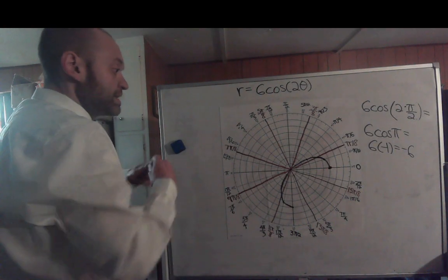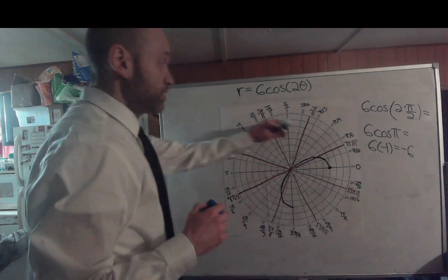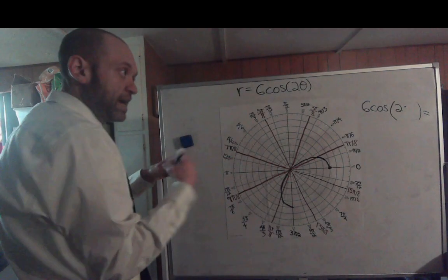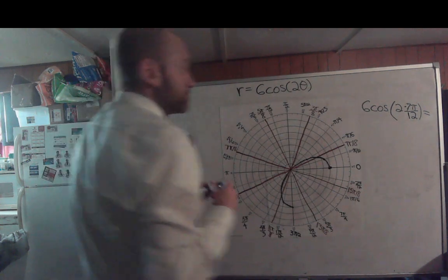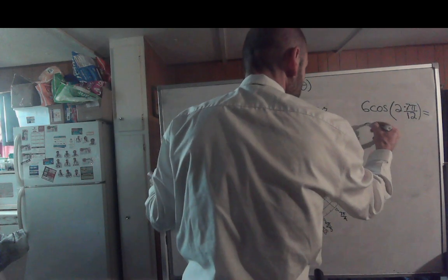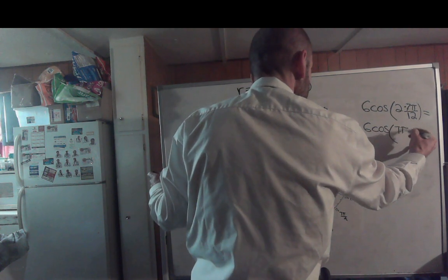All right. Now, we finally start the second quadrant, 7 pi over 12. And again, this is just a lot of evaluating and plotting, but it's cool to show you what we can do here. So 2 times 7 pi over 12 gives you 7 pi over 6. So 6 times the cosine of 7 pi over 6.